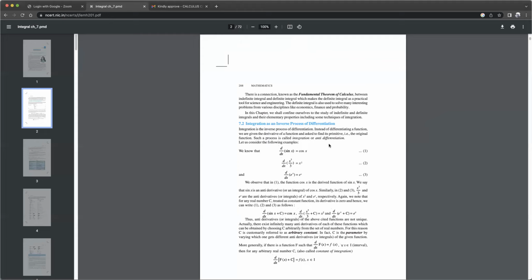So as we said, integration is an inverse process of differentiation. So let's say, for example, we want to find the integral of cos x. So we need to find a function whose differential is equal to cos x. And we know from differentiation that the differential of sin x is equal to cos x, right?